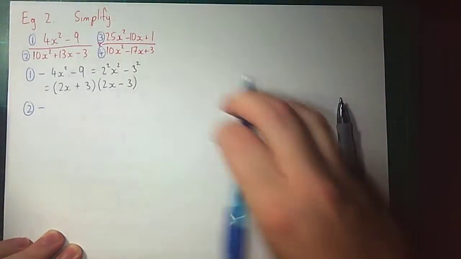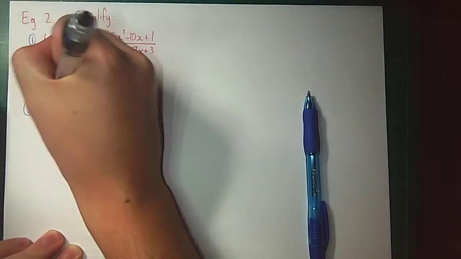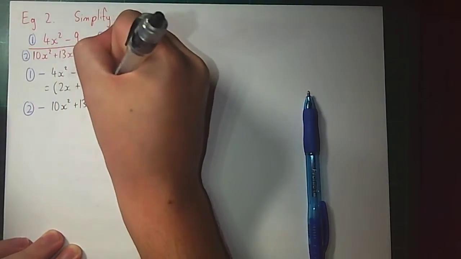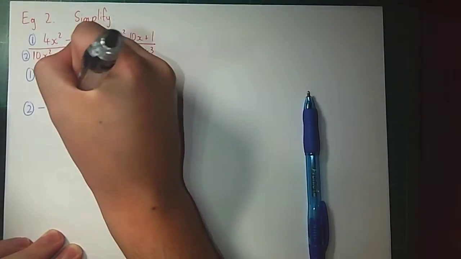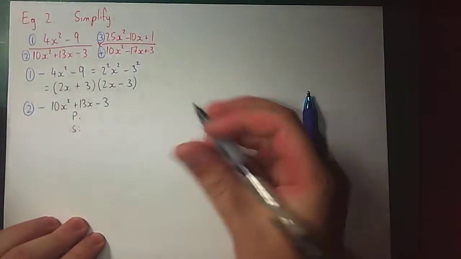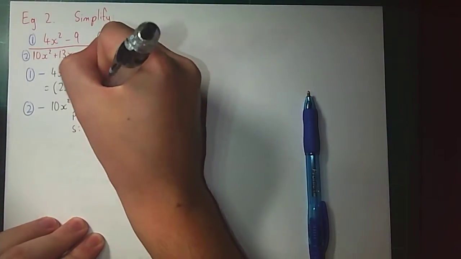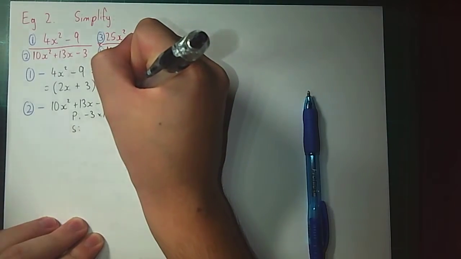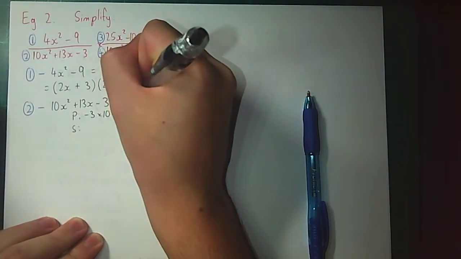For 2, we have 10x squared plus 13x minus 3. We're going to do a product sum for this one, as it's a trinomial. And the product is going to be negative 3. We have to make sure we multiply it by 10. So that, of course, is going to be negative 30.